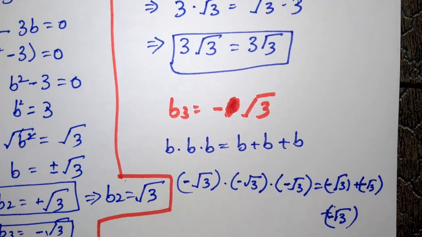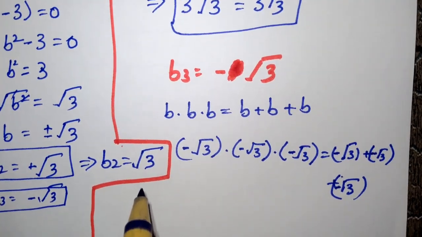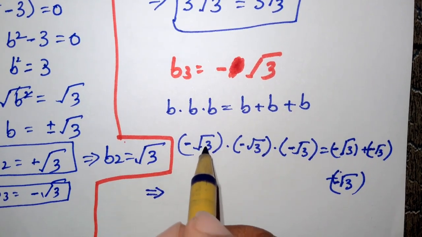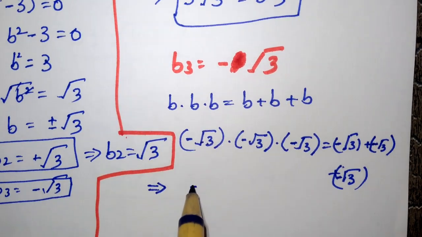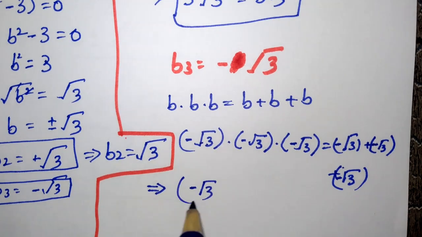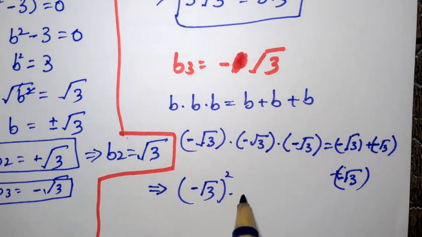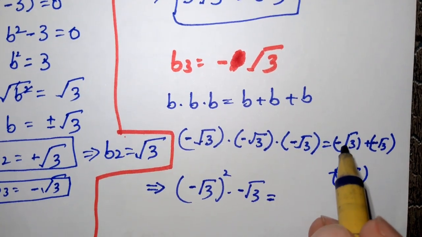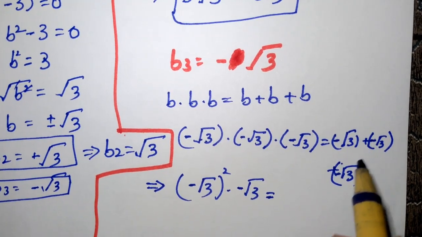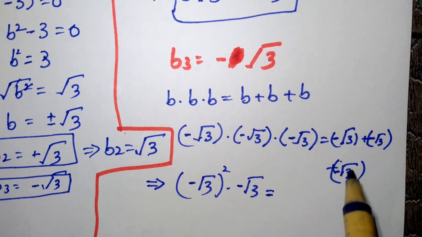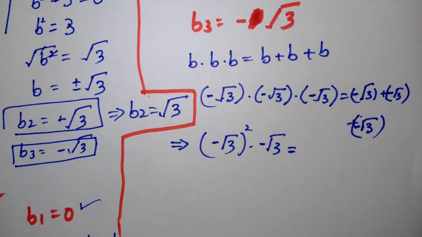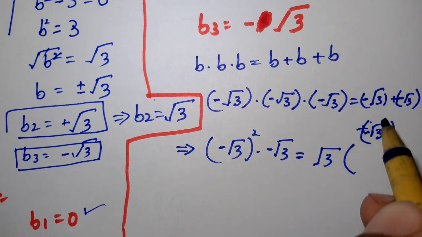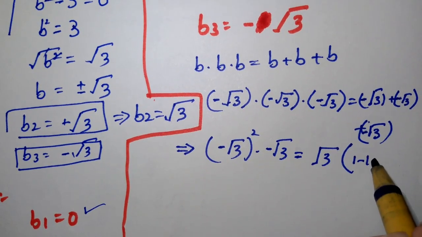Now we have to square these. So minus square root of 3 whole square times minus square root of 3 is equal to, on the right side, we take common square root of 3 and minus 1 and minus 1.